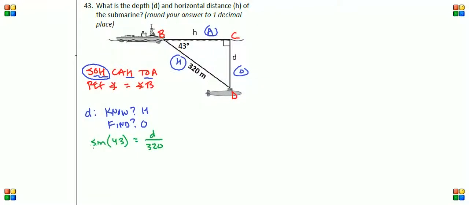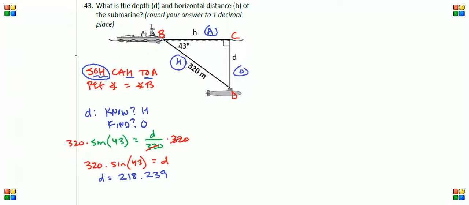All right, so let's go ahead and finish this up. We know that our unknown side is on top, so I'm going to multiply the left side by 320. The 320 and the 320 cancel on the right, and we end up with 320 times sine of 43 equals our unknown side D. Plug that into your calculator and you will get D is equal to approximately 218.239.